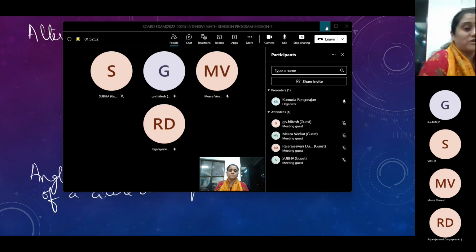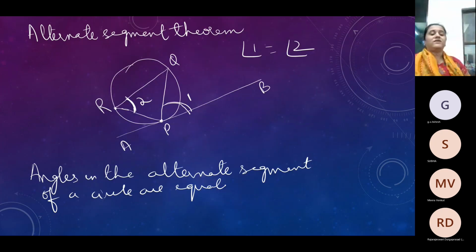Yes, children. Now, in the same figure, tell me another chord through P. PR, or RP. In the same figure, PR is another chord through the point of contact P. PR is a chord, with the same tangent.